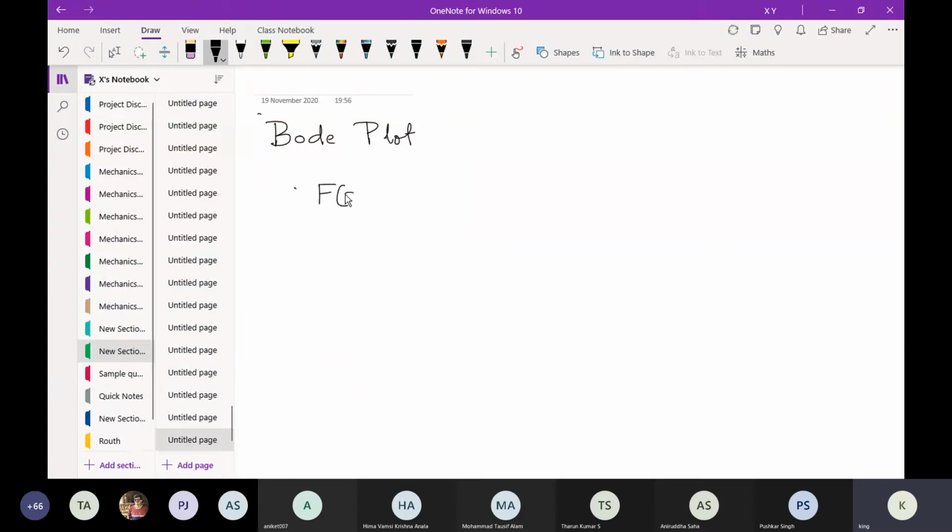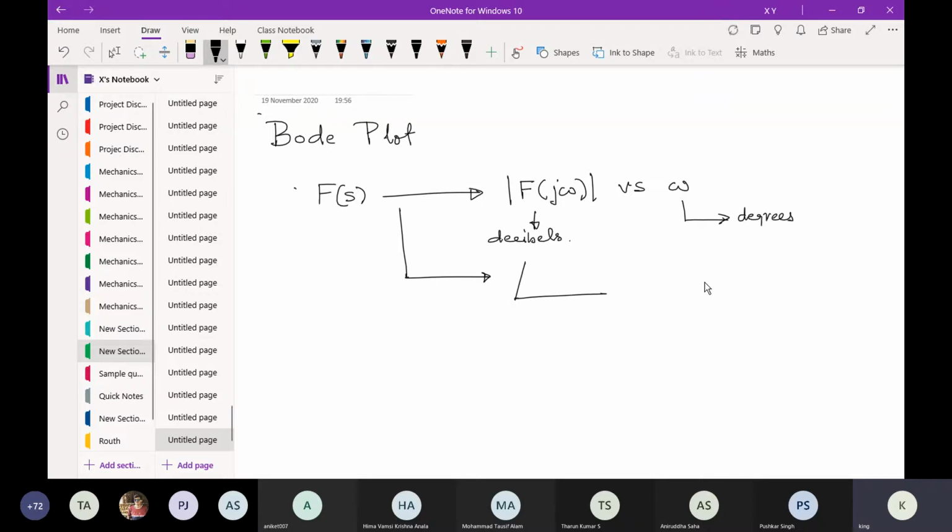F(s) will be maybe radians also, and this will be in decibels.